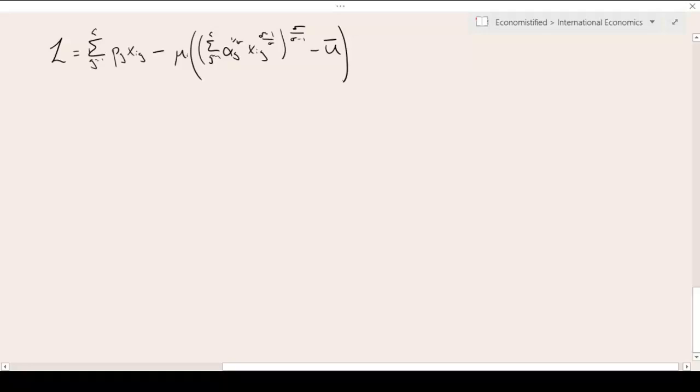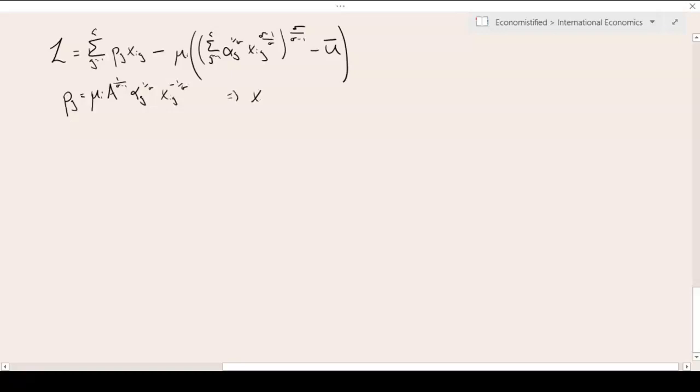You can differentiate this with respect to x_ig to find the minimizing level of expenditure, sorry. And we get that p_g, I'm going to simplify everything already, so we get mu_i is equal to A, 1 over sigma minus 1, alpha_g x_ig to the minus 1 over sigma.